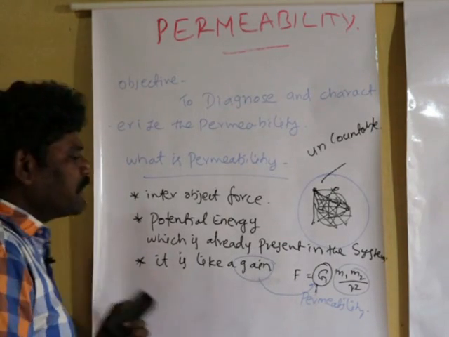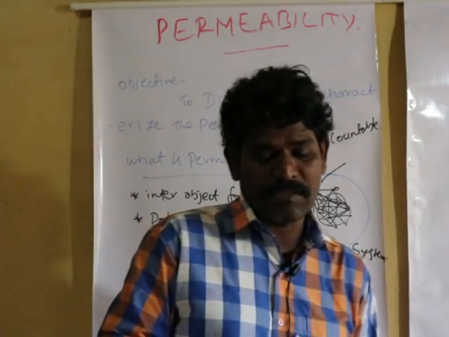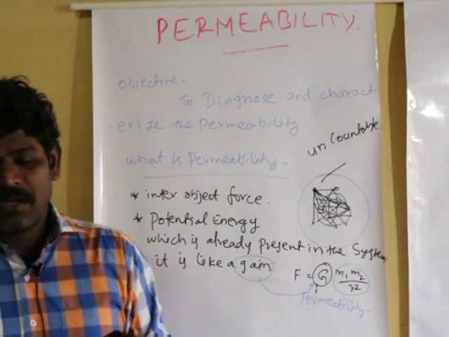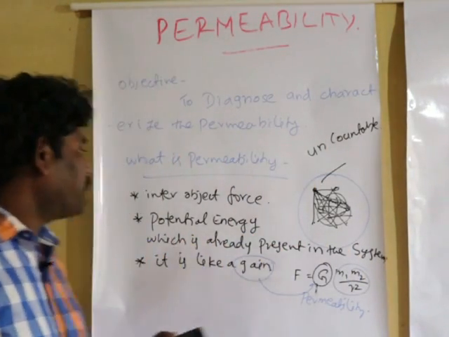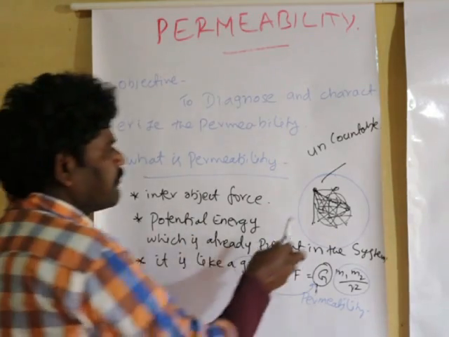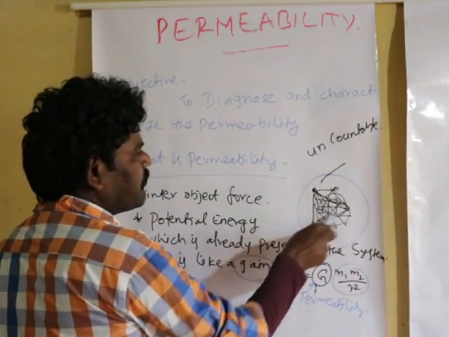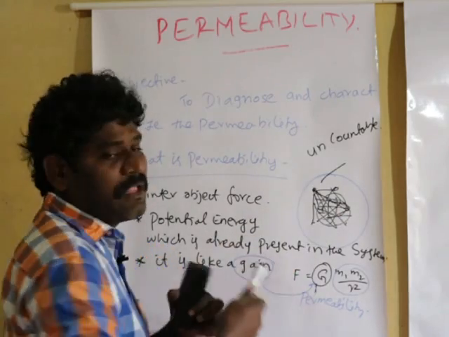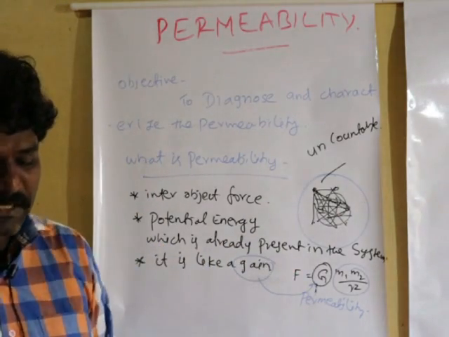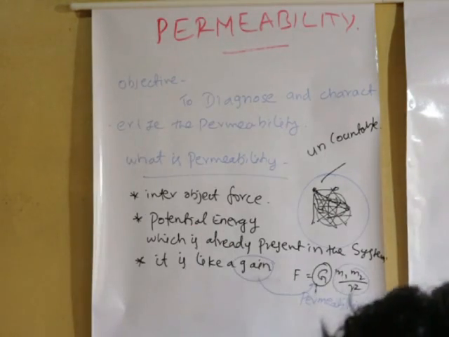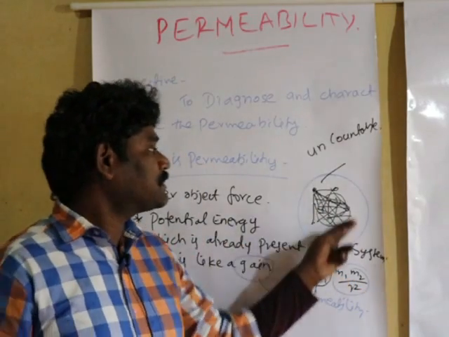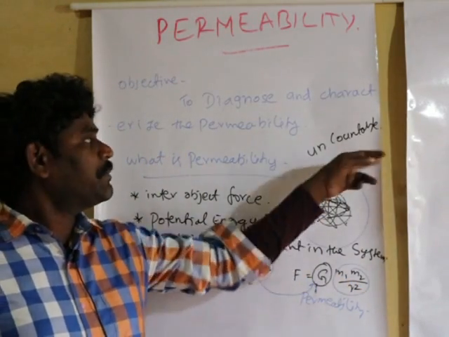And it is a potential energy which is already present in the systems. For example, if you take the system, every object is already tied up with each other. In this system we have an uncountable number of objects.